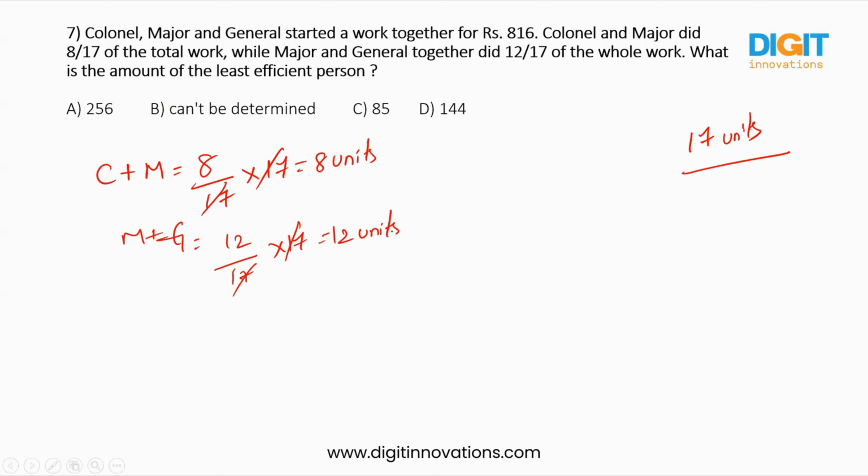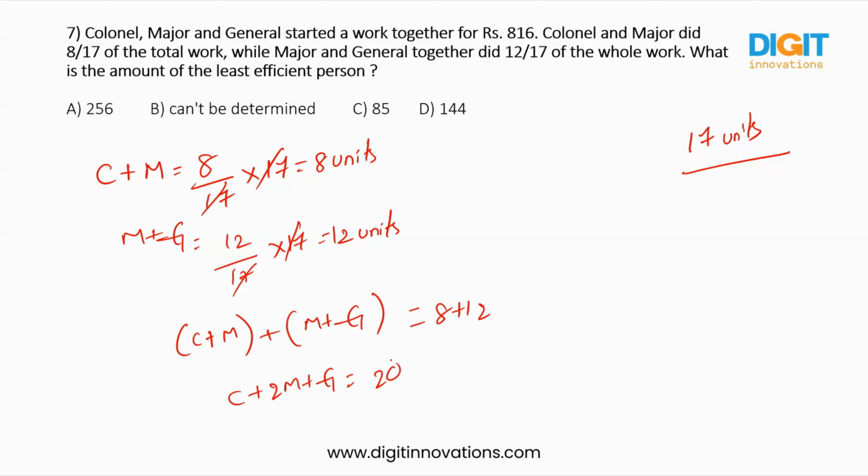12 units. Okay. So if we find the three together, Colonel plus Major, Major plus General equals 8 plus 12, C plus 2M plus G equals 20. So if all three work together, they will complete 20 units.